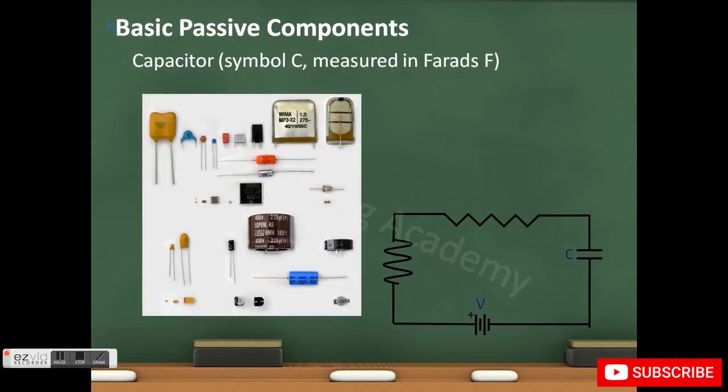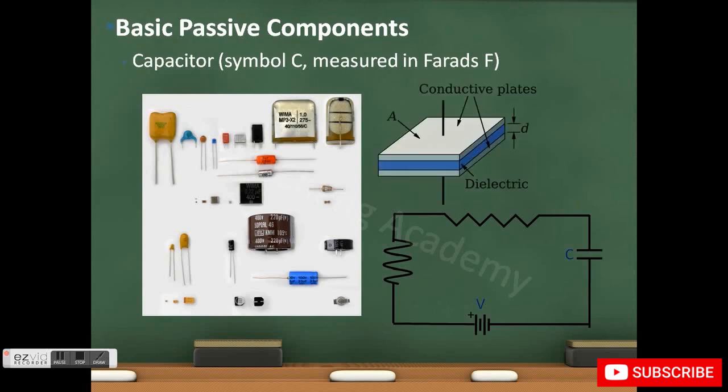An ideal capacitor can store and release energy, but unlike a resistor, it does not dissipate power. The basic structure of a capacitor consists of two metal plates separated by a dielectric. A dielectric is simply an insulator that can store energy by becoming polarized.